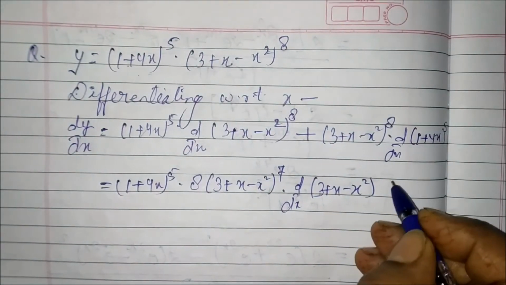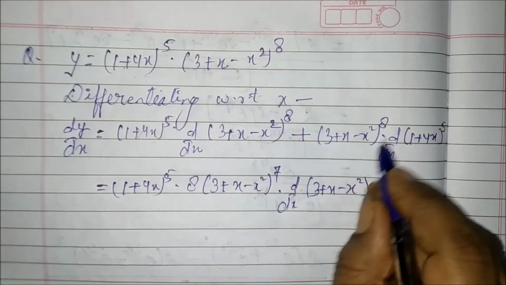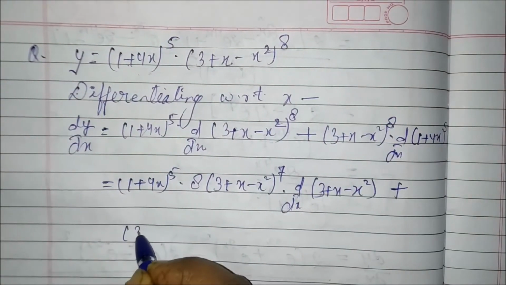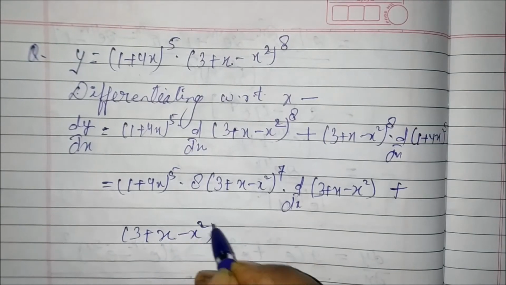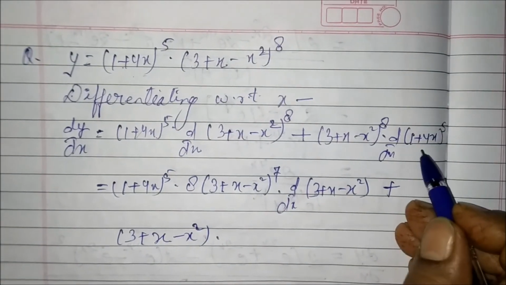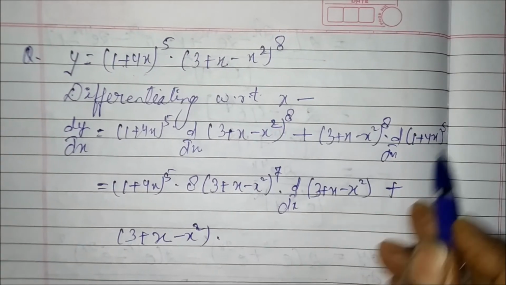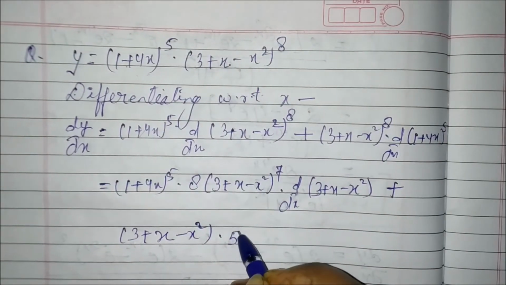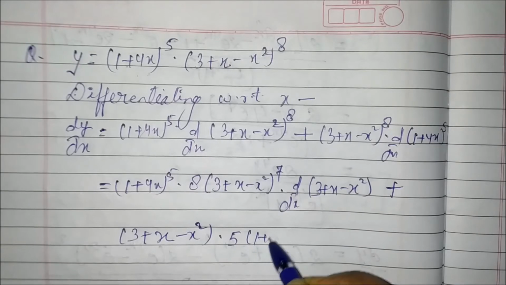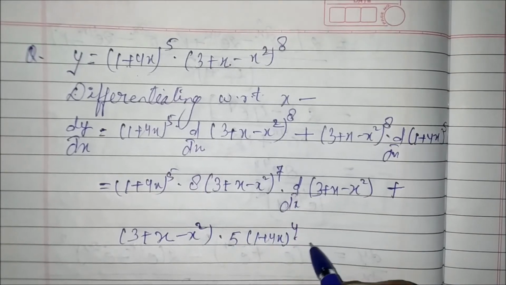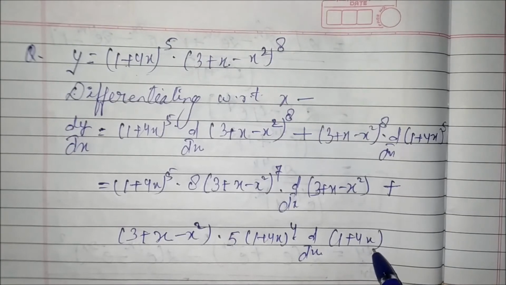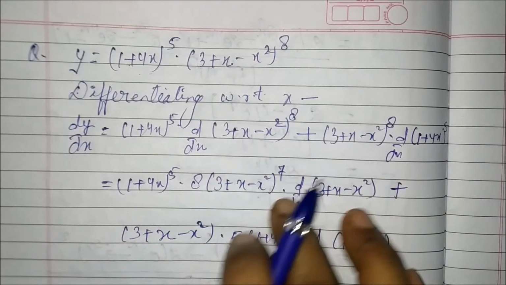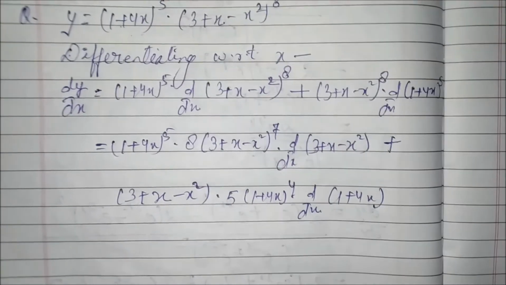Okay, again plus copy this term, (3 plus x minus x square), into, again this is like x raised to n, so we can differentiate it like 5 into (1 plus 4x) raised to 4 into d by dx of (1 plus 4x). This is the whole one line.